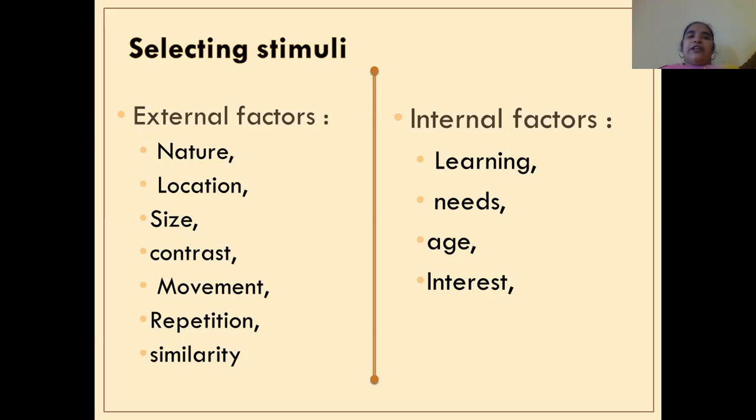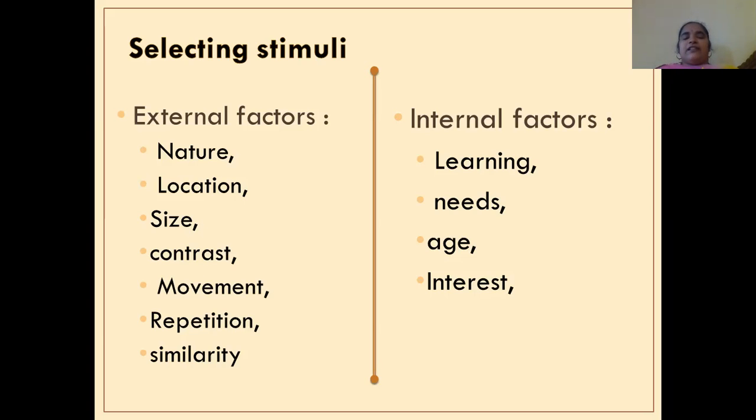Then whether you are seeing the same thing only once or it is happening repeatedly around you. Repetitive incidents, transactions or objects are remembered better than those which are seen or dealt with once in a while. Similar things will come to your memory faster than rare things.